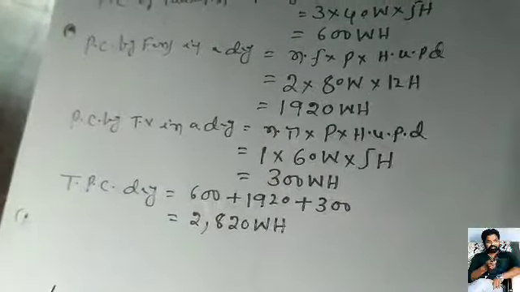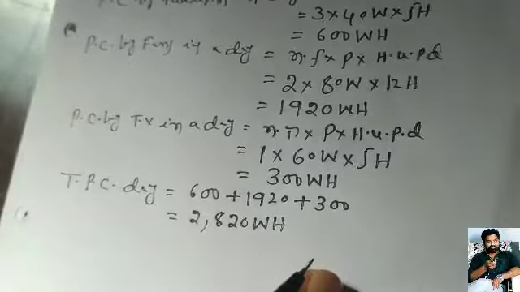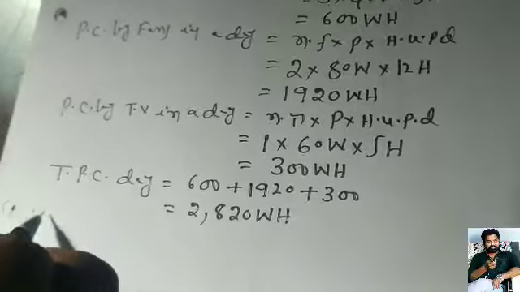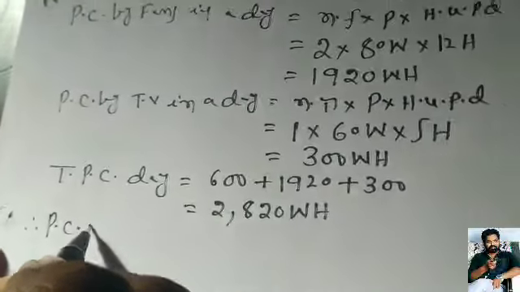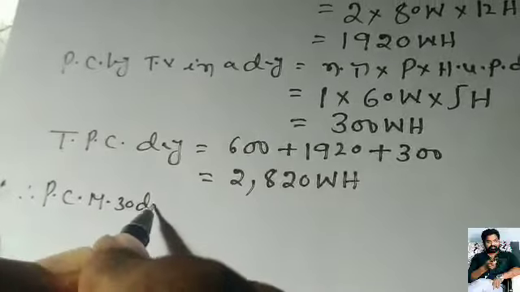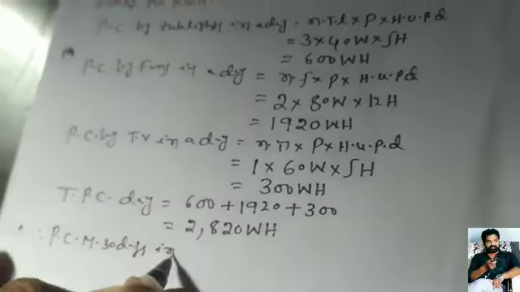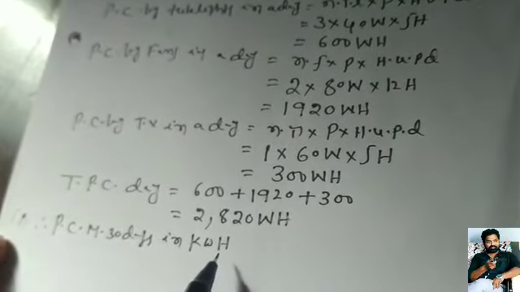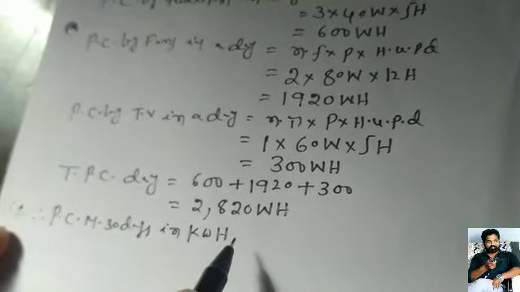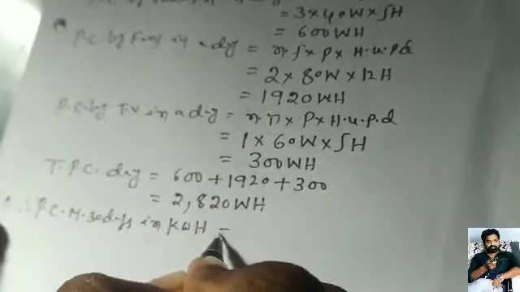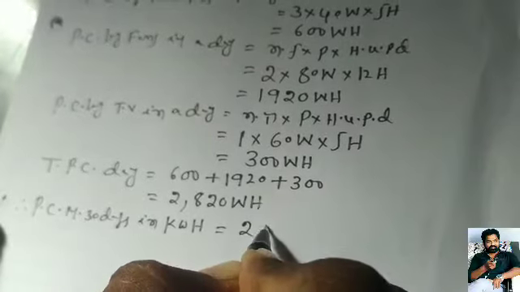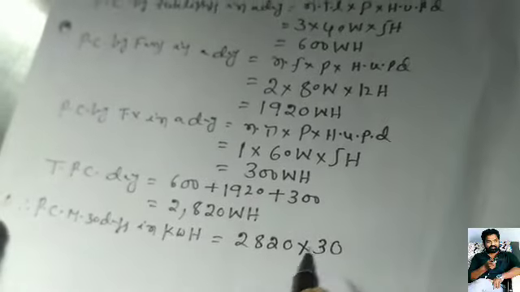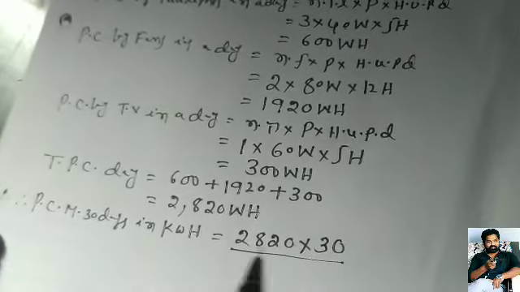Now we want to find the power consumption in a month of 30 days in kilowatt hours. Household consumption of electrical energy is measured in kilowatt hours. That is 2820 into 30 for a month of 30 days, divided by 1000 to change into kilowatt hours.